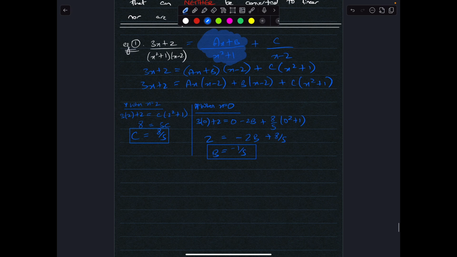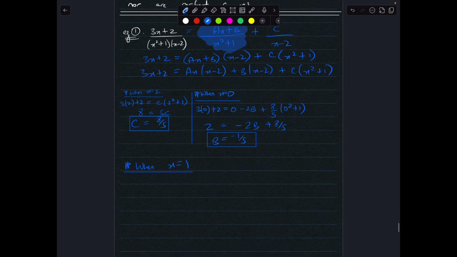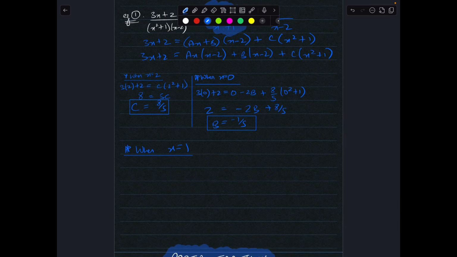And then finally a. I cannot cancel anything else off. So the thing I can do to help myself is just take x as 1 because it would be easier to simplify than other numbers like 20 and so on. Never take numbers blind. That's my advice.